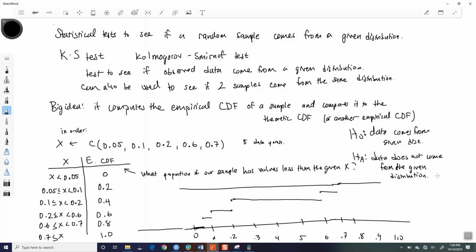All right, so let's say you created a random number generator, right? A generator for random variables, and you want to see if it generates values from the exponential distribution, okay?